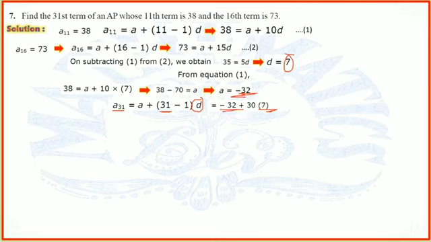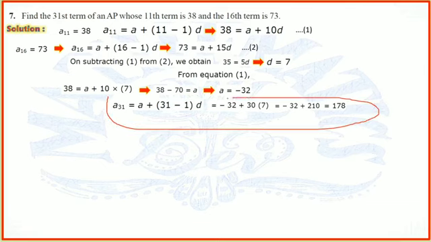So minus 32 plus 30 into 7, 210, is equal to 178. 210 minus 32 is equal to 178. So that is the 31st term.